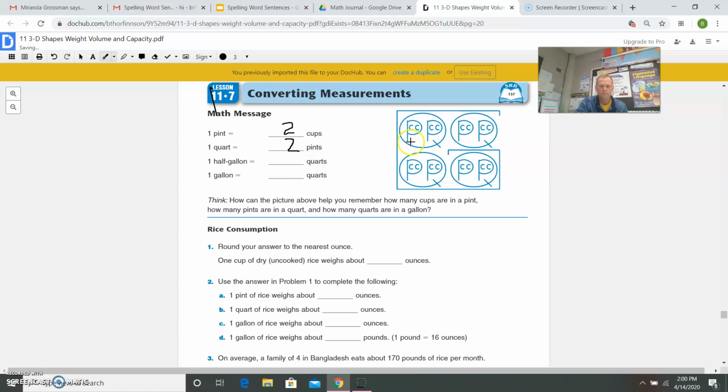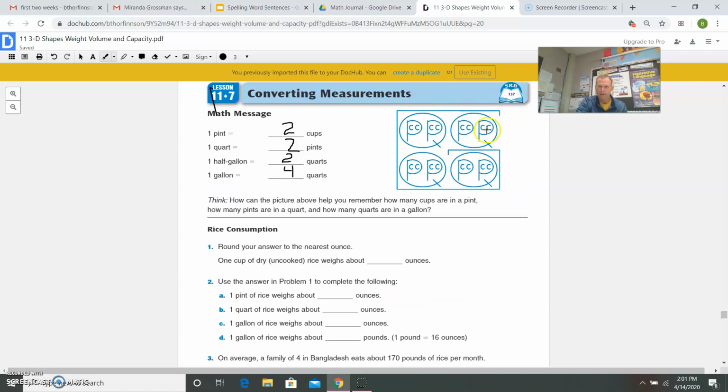Okay, so 2 pints in a quart. A half a gallon. Well, if I took this and I cut it down the middle, now I have a half of gallon. Okay, 1/2 gallon equals 2 quarts. 2 quarts in a half gallon. And finally, 1 gallon equals how many Qs? 4 quarts. Okay.